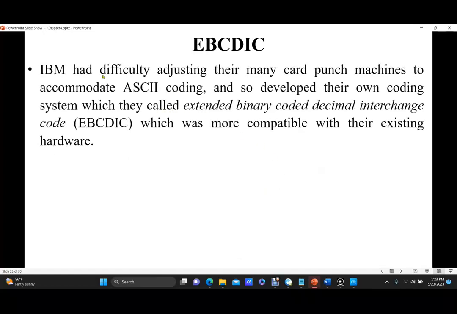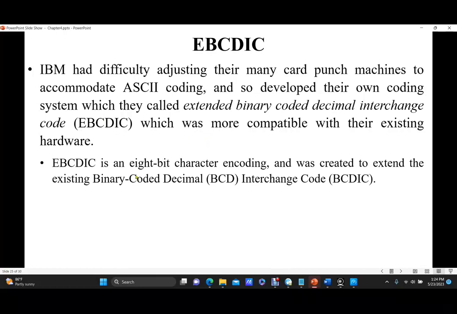IBM had difficulty adjusting their card punch machines to accommodate ASCII coding when the ASCII first came out. And so they developed their own system. They called it Extended Binary Coded Decimal Interchange Code, EBCDIC, to be more compatible with their existing hardware.